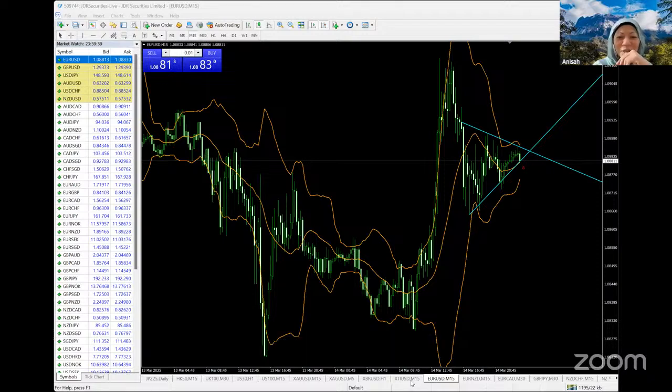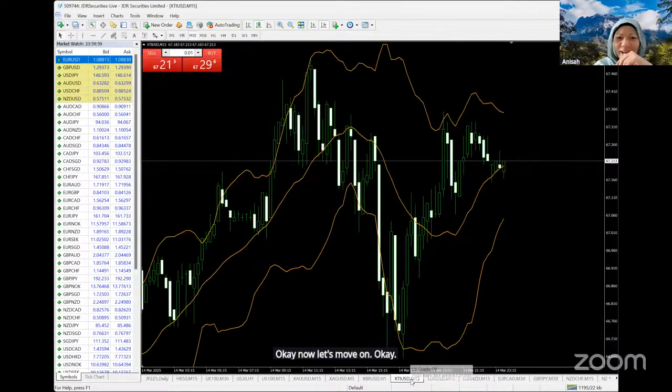Okay, now let's move on. XTI is crude oil. Currently, it has rebounded from the previous downtrend here. If it is an uptrend, this peak would be beatable.